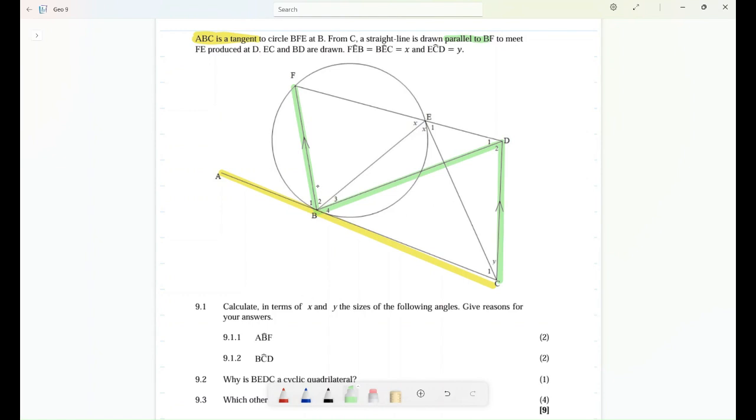Then I know that this angle here should equal that angle there. All right. Let me collect my data. I know that angle D2 is equal to angle FBD. Why am I saying that? Alternate angles. I don't know the value as of yet. I'm just collecting my data.